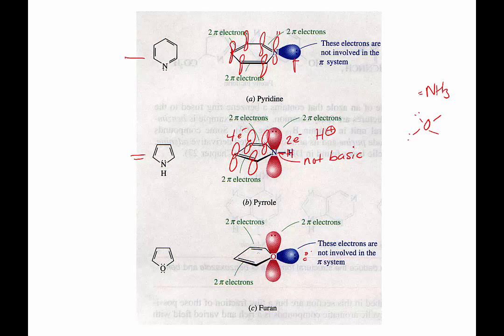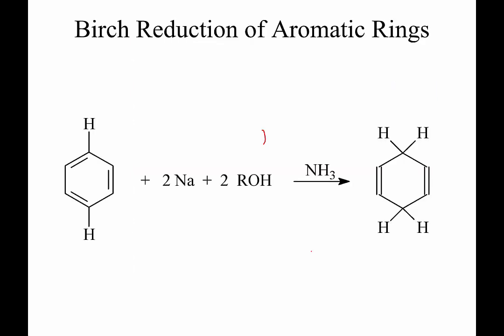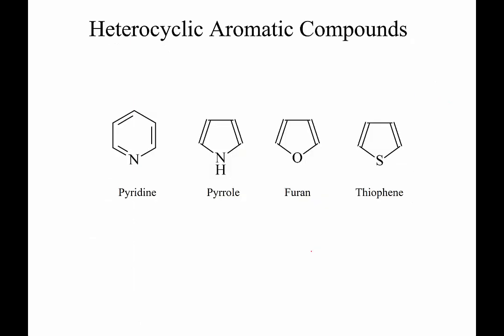Confused with how you tell the electrons are part of the system. That's where you have to basically take the molecule and decide whether it's aromatic or not first. So let's do this with thiophene, because sulfur is a new atom.